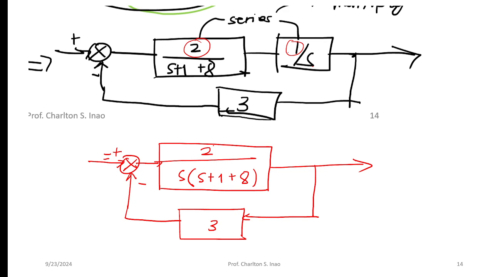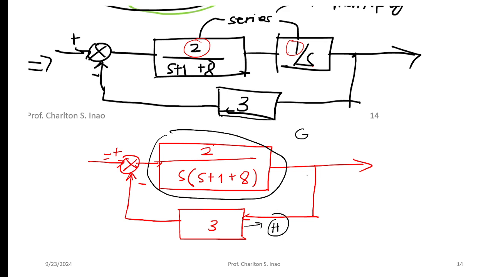Okay, so that is the simplified version. Okay, so we're gonna label this thing. So this thing is G, no? This whole thing is G, and this is H.